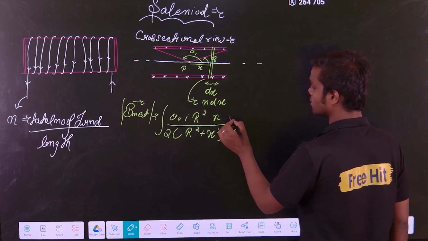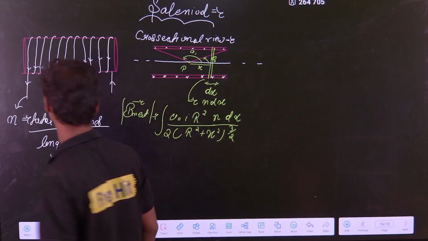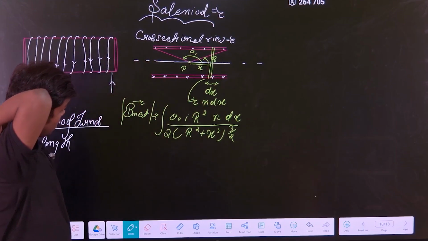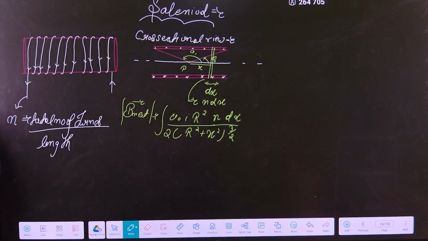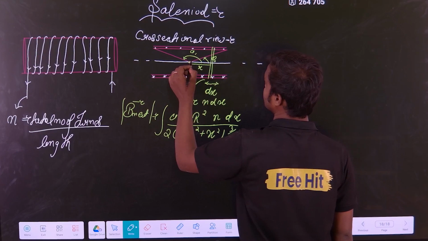So here how many turns are there? N dx. Now you tell me what is the value of r, what is the radius? See, this distance is x. How will you calculate it? What approach will you use to calculate this x? One element I have taken like this, and I can take one more element like this.